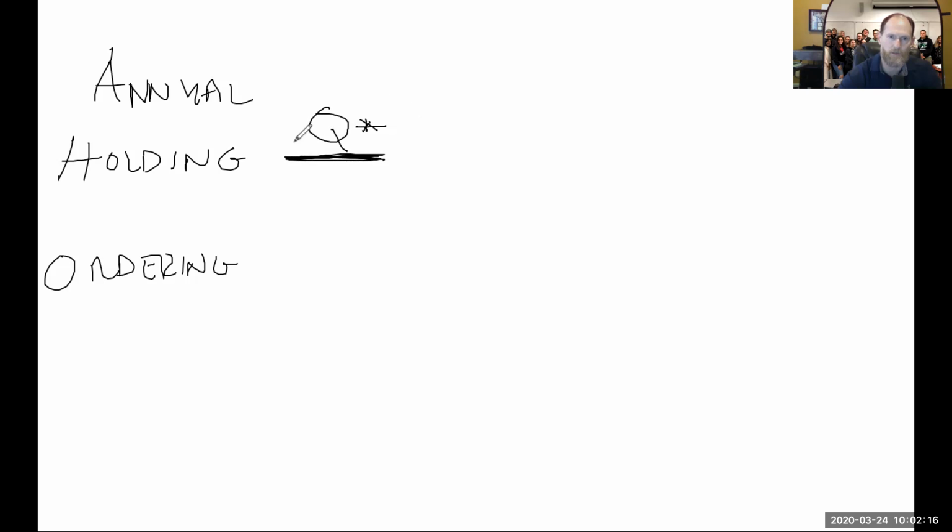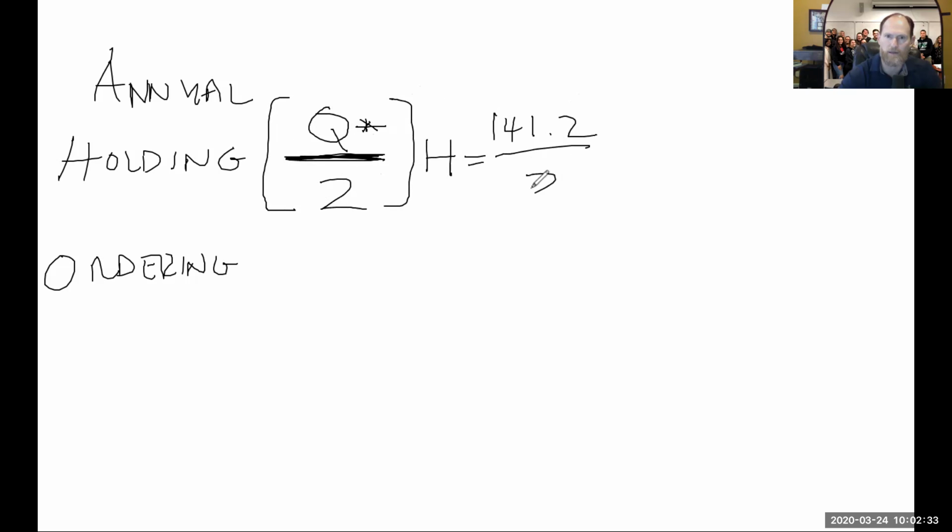So you need to know that's EOQ. And we're going to divide that by 2, and we're going to multiply that times the variable of H. So in our example today, we have 141.2 bats divided by 2, and then we have a holding cost of 3. So that's going to equal 212.13.